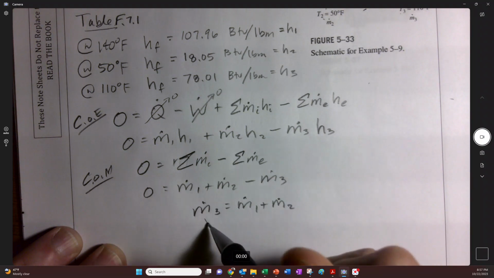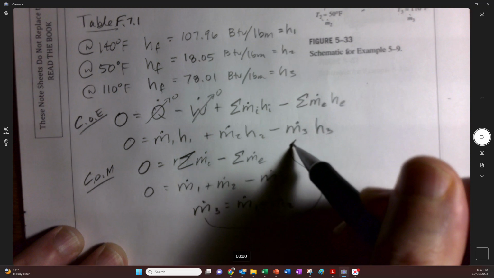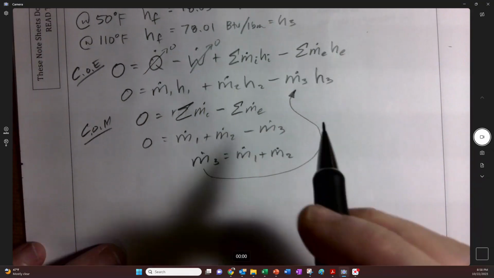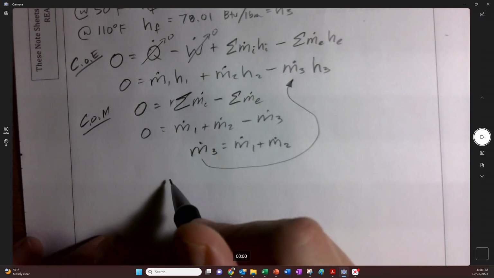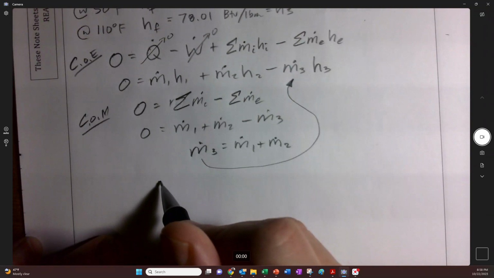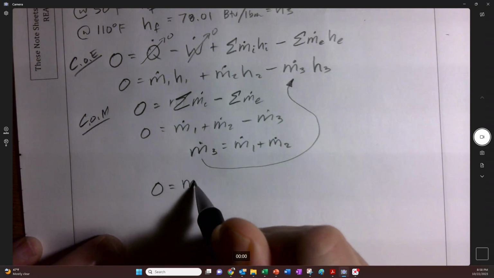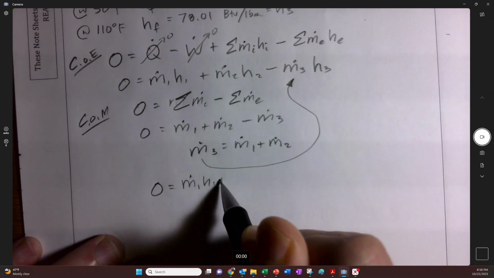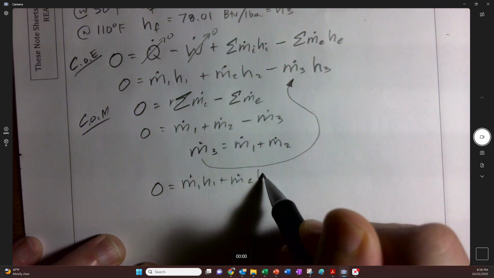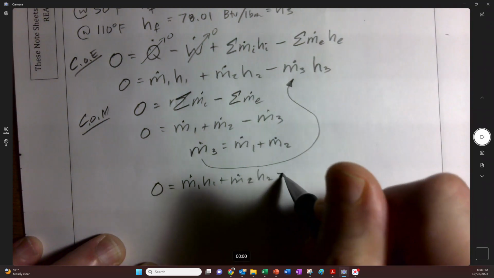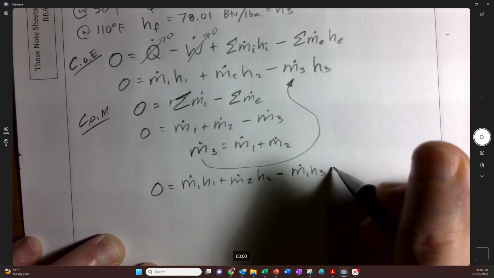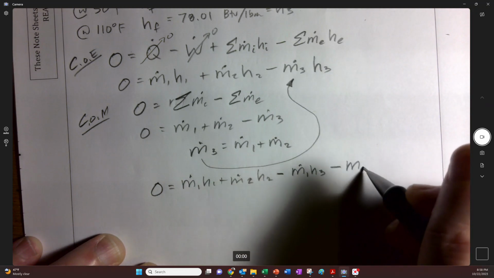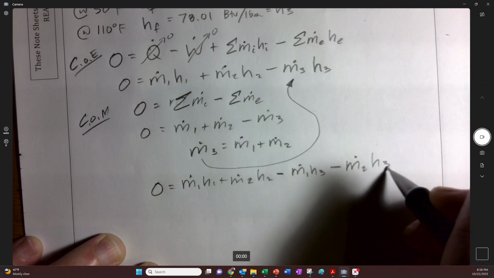We can place that right into the energy equation, and you get m dot 1 h1 plus m dot 2 h2 minus m dot 1 h3 minus m dot 2 h3.